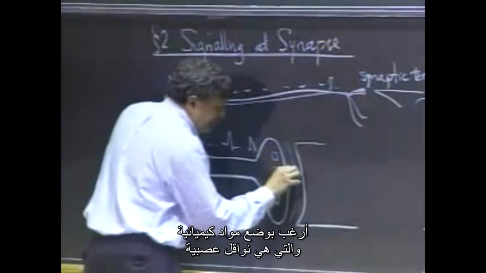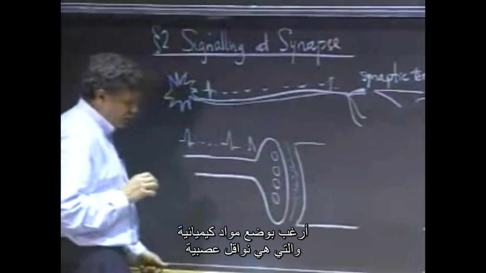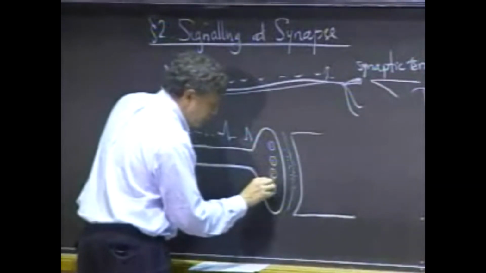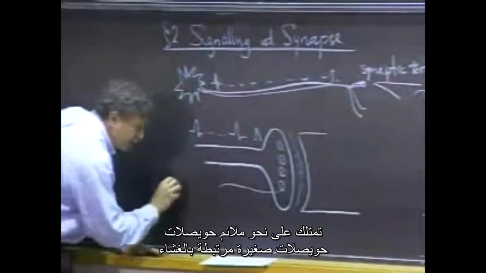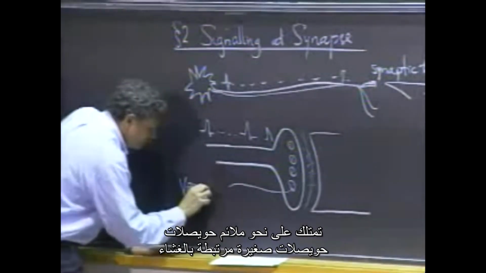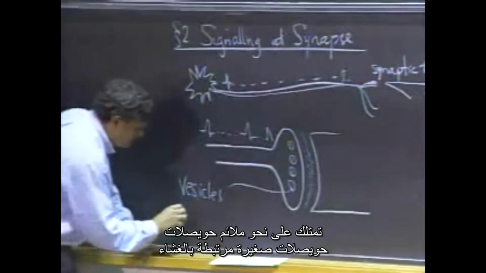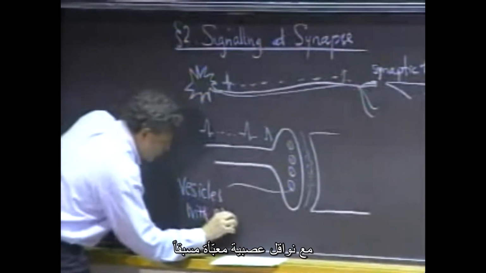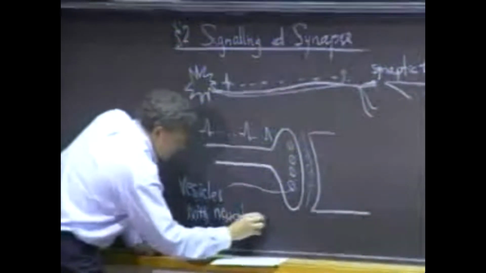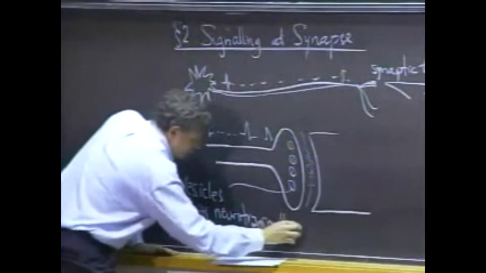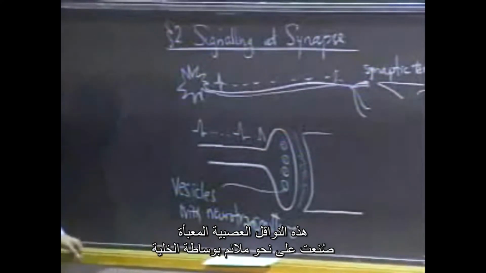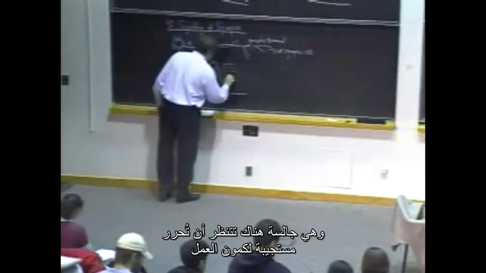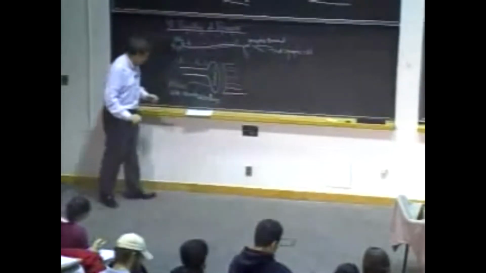I'd like to spill out chemicals that are neurotransmitters. So the presynaptic cell conveniently has vesicles, little membrane-bound vesicles, with prepackaged neurotransmitters. These prepackaged neurotransmitters have been conveniently synthesized by the cell, and they're just sitting there waiting to be released in response to an action potential.